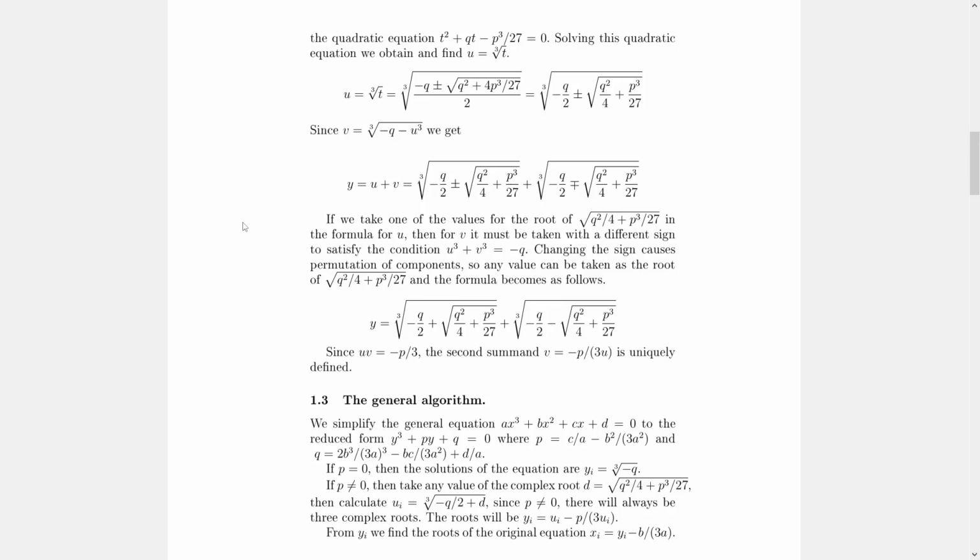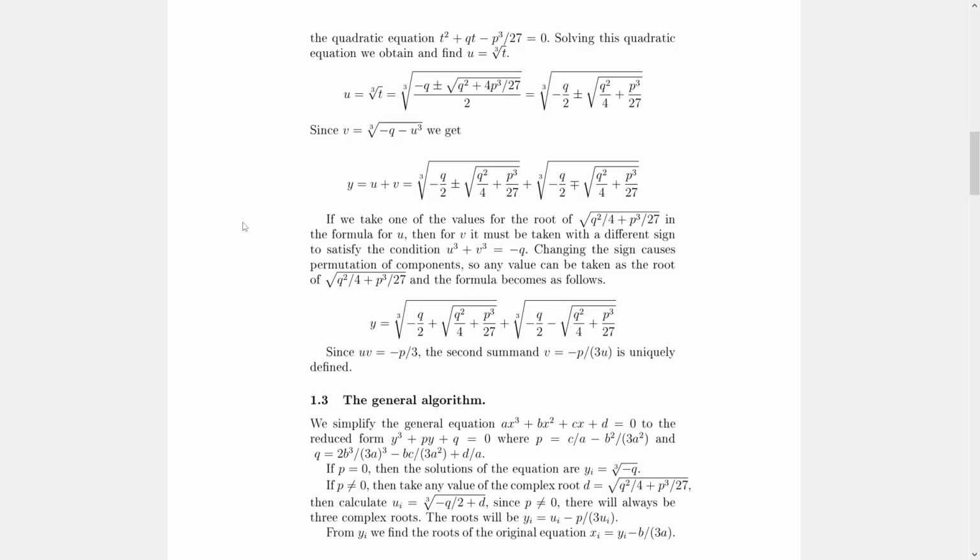Since v equals the cube root of minus q minus u cubed, we get y equals u plus v equals the sum of two cube roots. In the second root, we change plus-minus to minus-plus.